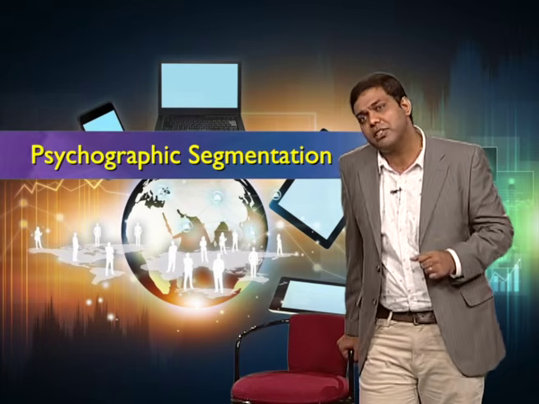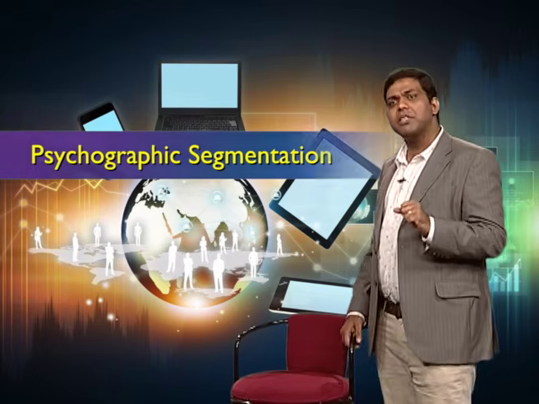These are basic elements of personality of these people. So segmentation of the market can also be done based on the ways in which people behave, the ways in which people have attitudes depending on the different things that they see in the world. So this is psychographic segmentation, which is the third way in which segmentation can happen.